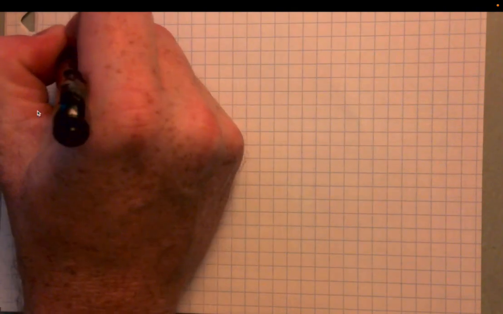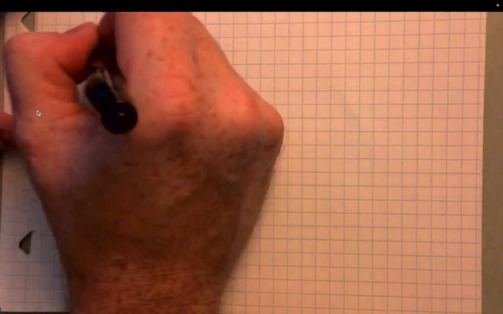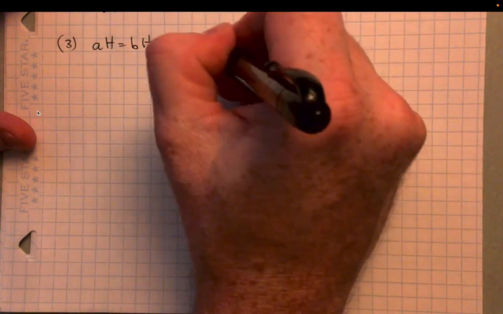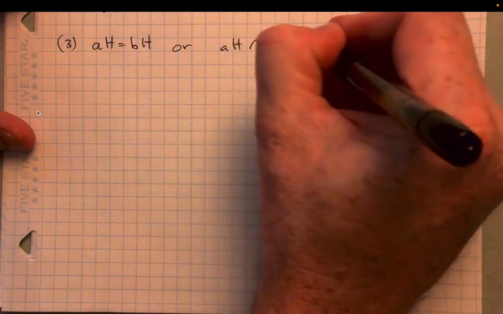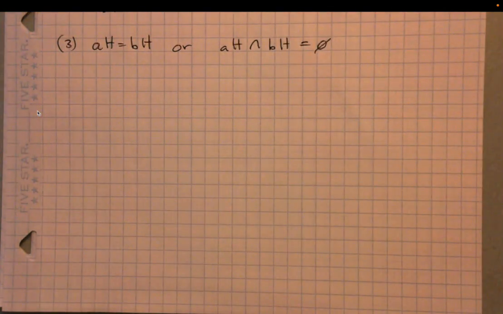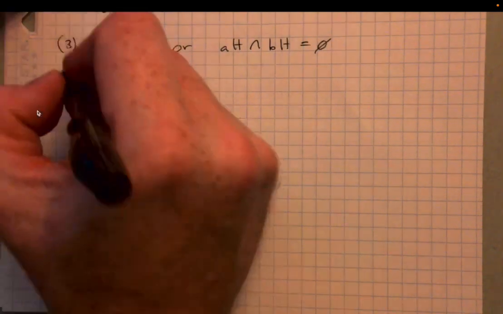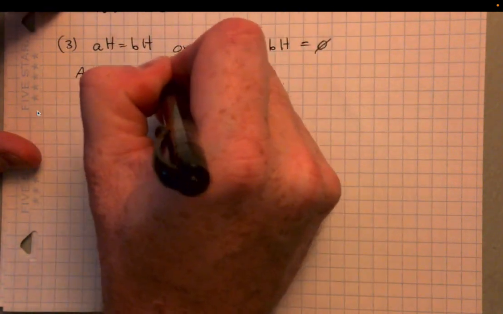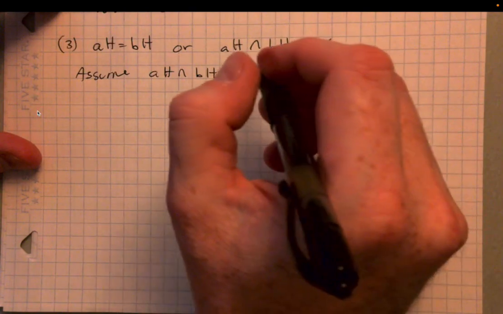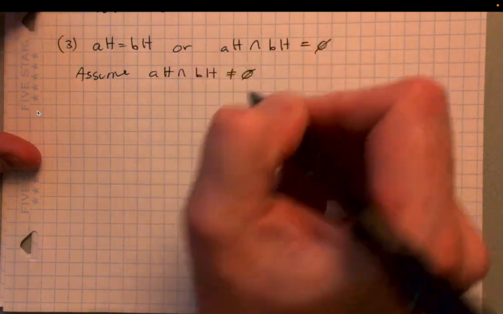What about number 3 here? So 3 says that AH equals BH, or AH and BH are disjoint. All right, so either the intersection is empty between these two sets, or they are the exact same sets. Okay, so let's assume that the intersection of AH and BH does not equal the empty set.